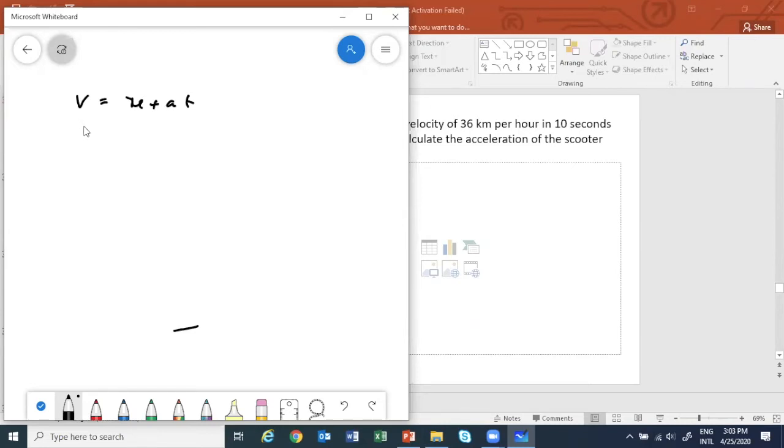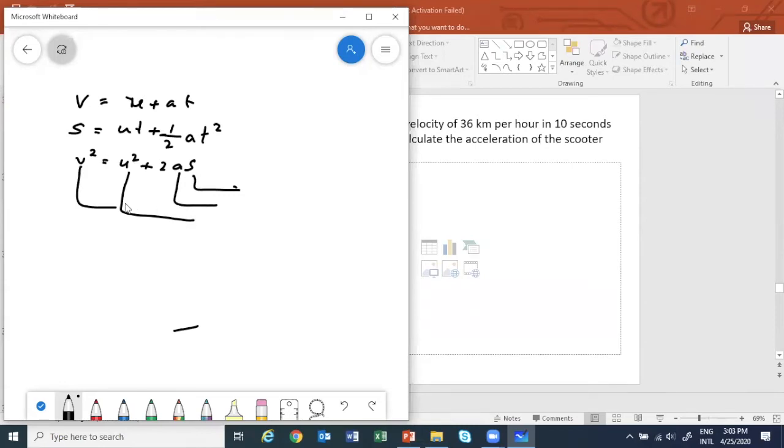That is the displacement s equal to ut plus half at square. Okay. Third equation, v square equal to u square plus 2as. Here s is distance, a is acceleration, u is the initial velocity, v is the final velocity, and t is the time.